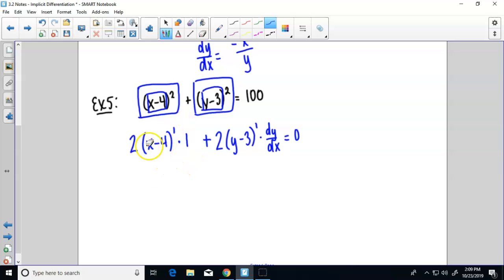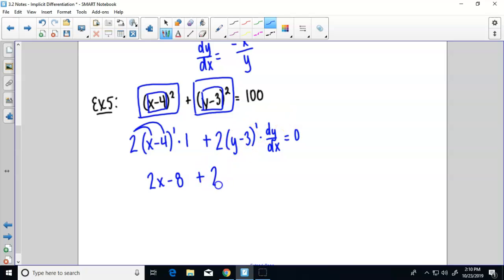So here I've just got 2 times x minus 4 essentially. I'm just going to distribute that 2. So 2x minus 8 plus, right here, both the 2 and the dy dx are both multiplied by the whole y minus 3 here.